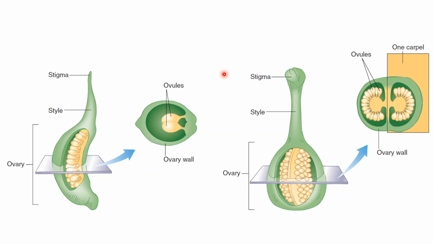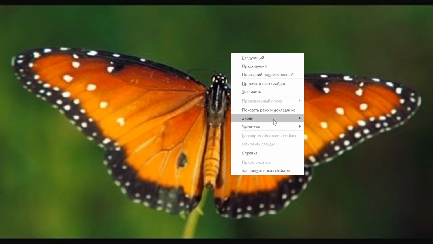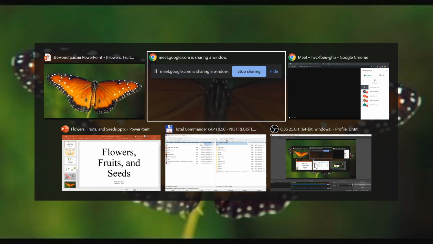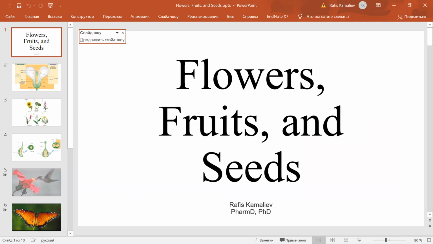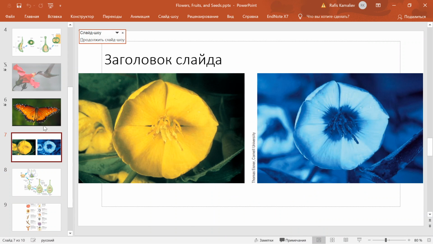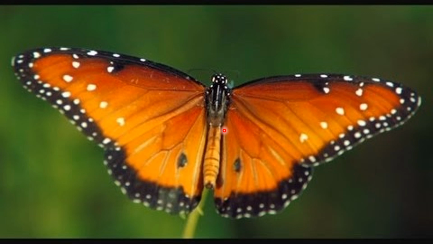One way is pollination by animals, like this one. So these are the main types of animals that pollinate the flowers.